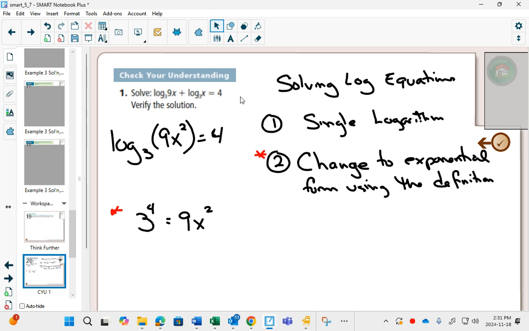In other words, what we want to do right now is get rid of the log. How do we get rid of the log? What could you do to both sides to get rid of the log? Don't write this down, but technically you could, I don't even know the word. What did I just do?